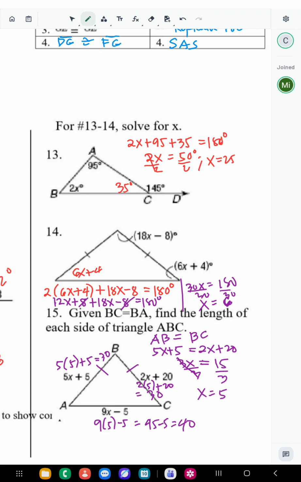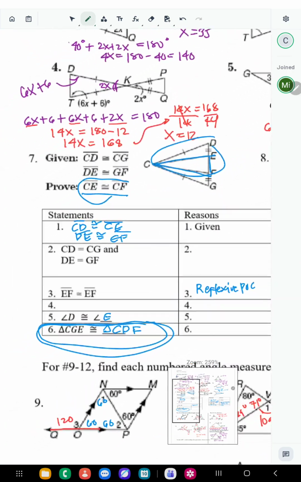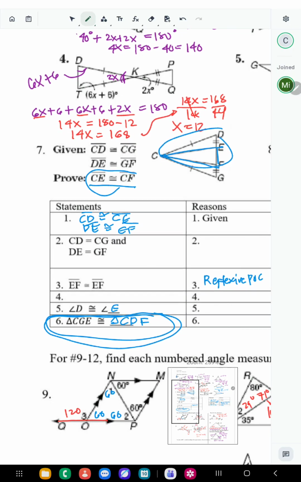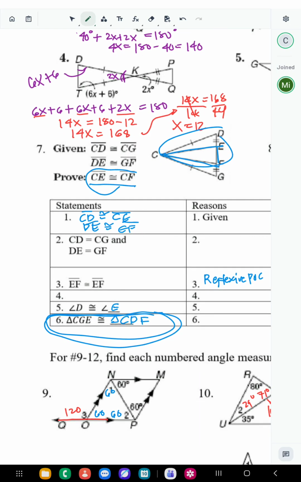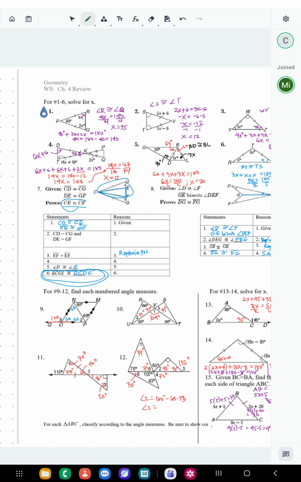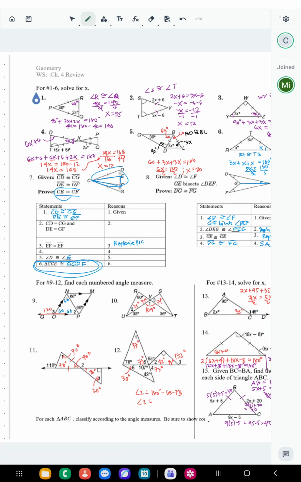Okay. Only number 7 is confusing. I don't understand. Yeah, it's supposed to be like prove triangle CGE is congruent to triangle CDE. Yeah, you ask your teacher about that. You can move to the next page so I can upload the other one.